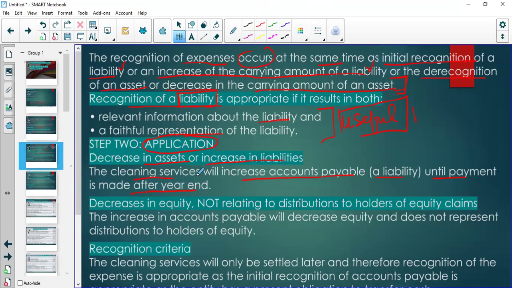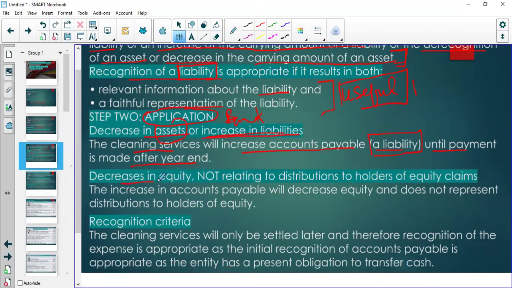If this was a payment in cash, we would see a decrease in an asset, which is bank, or any other economic resource if we were making payment using other assets. But because no payment was made, we're looking at an increase in a liability. So there is indeed a liability, because payment was not made.